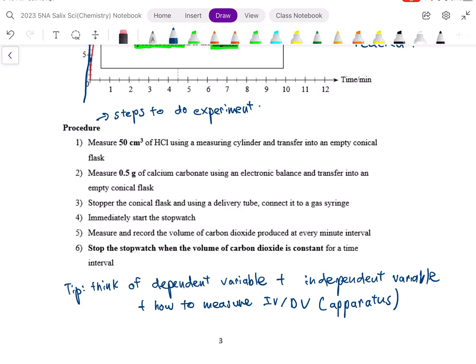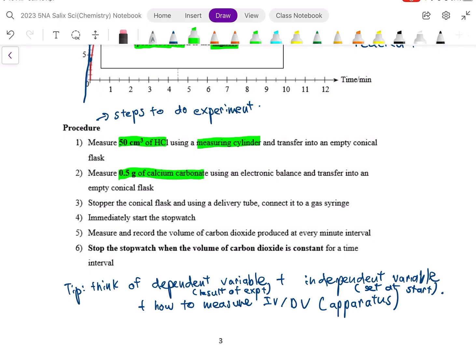The dependent variable is basically the result of the experiment. The independent variable is basically what we set at the start. In this case, they want to measure 50 centimeter cube of HCl using a measuring cylinder and transfer into an empty conical flask.